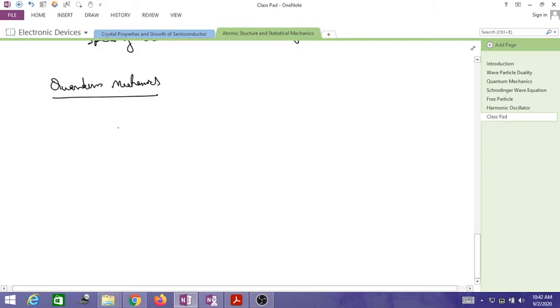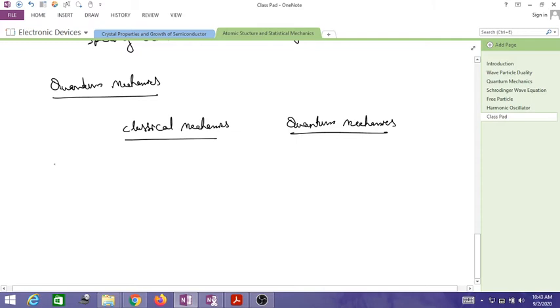So basically there are three differences between the classical mechanics and the quantum mechanics. So what is the first difference?